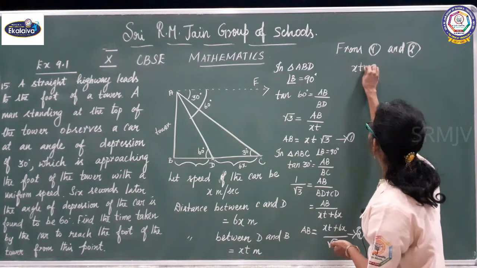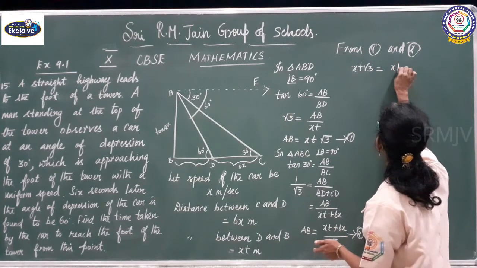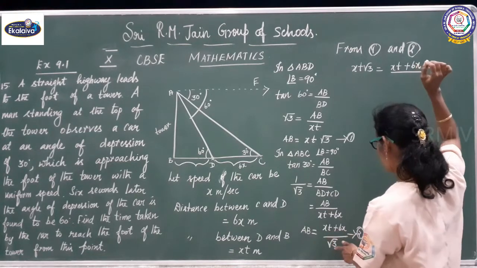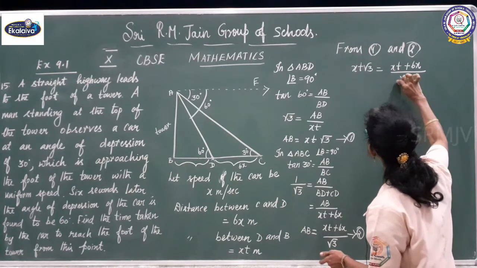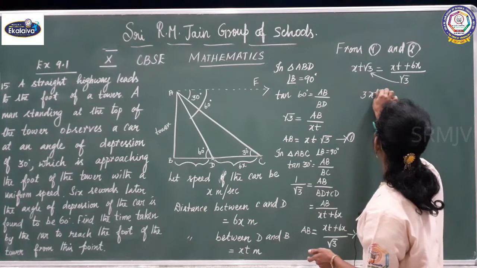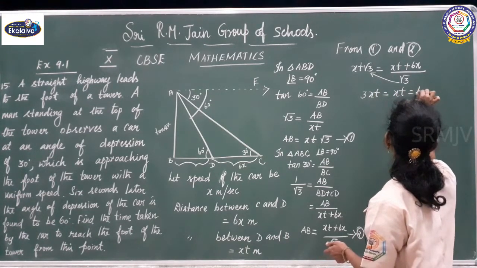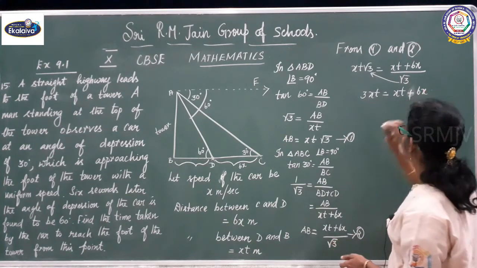Xt root 3 equal to xt plus 6x divided by root 3. Then 3 into xt equal to xt plus 6x.